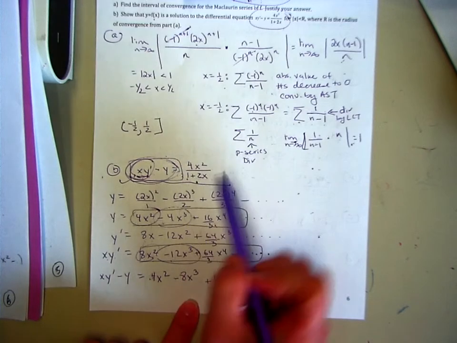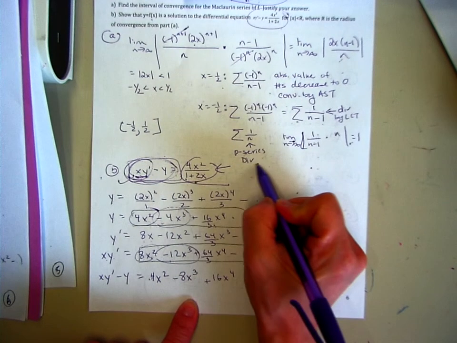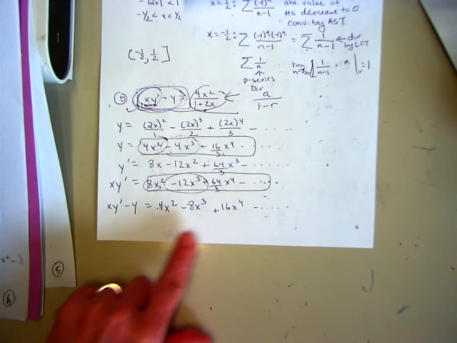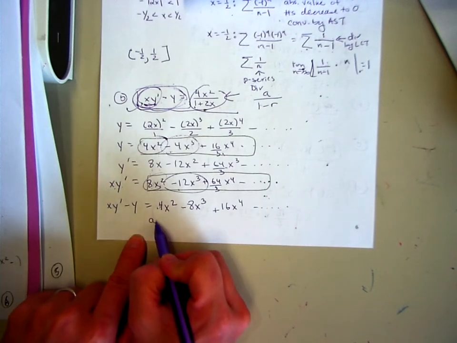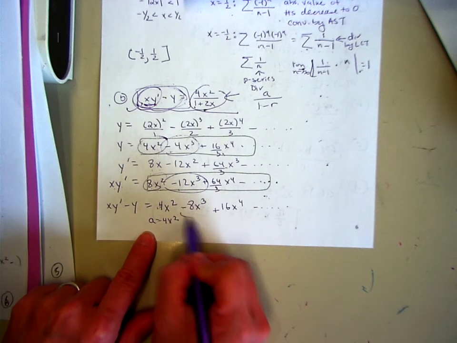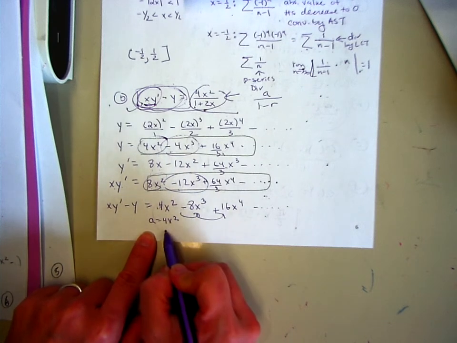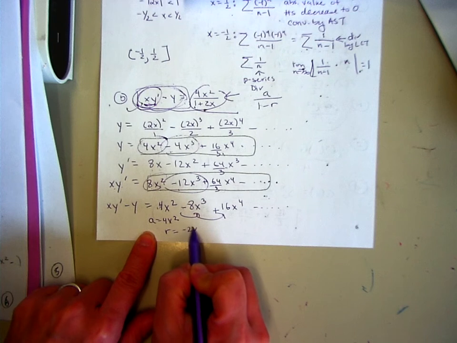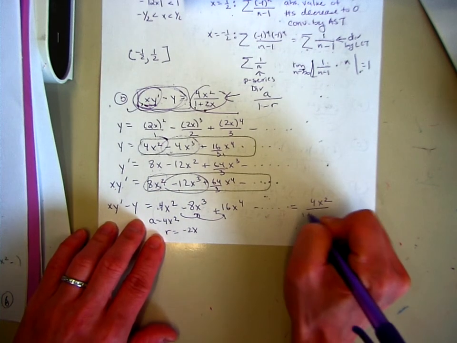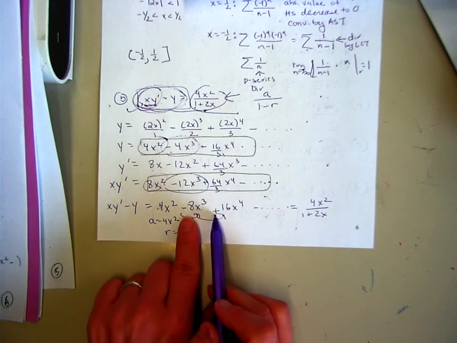Do you notice that this function is written in the form a over 1 minus r? Do you notice here your a is 4x squared? Okay? And what are you doing every single time to get to the next number? Your r is negative 2x. So this is 4x squared over 1 plus 2x. So you're showing them this is really this geometric series.